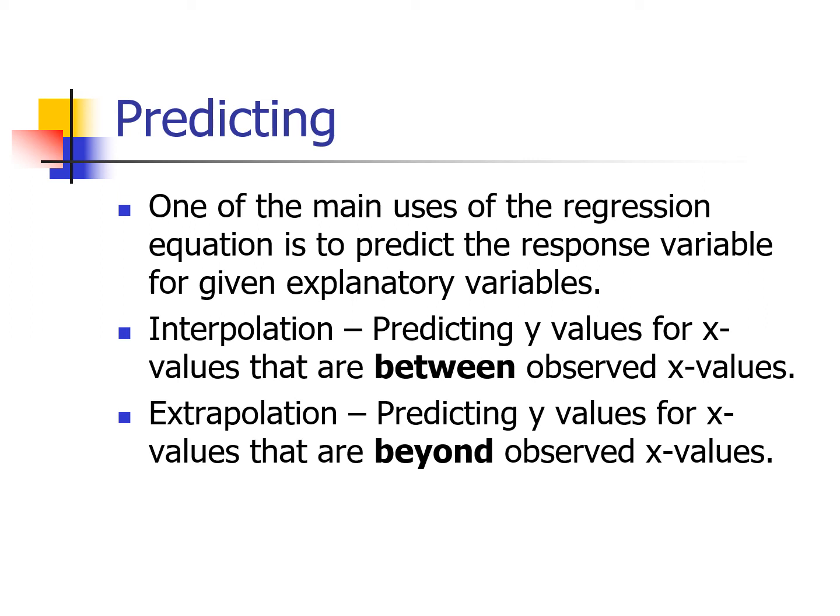Then if we generate a prediction for an x value between 5 and 10, that's an interpolation. It's inside the observed range of values. If we generate a prediction for a neck girth smaller than 5 or more than 10, that would be an extrapolation. We're predicting for values of x outside of our observed x values.